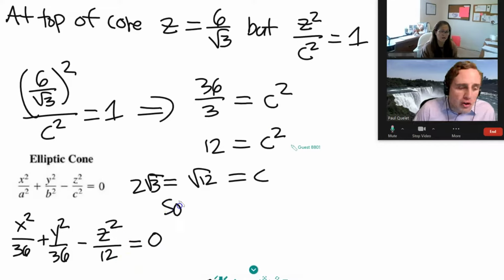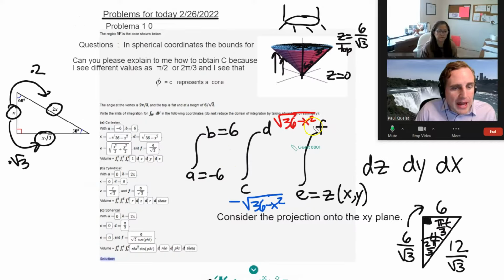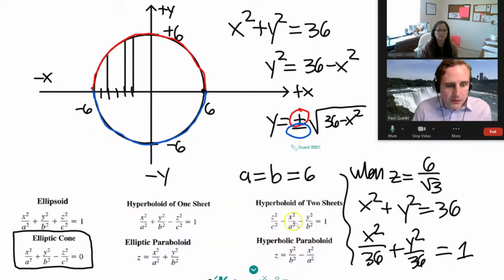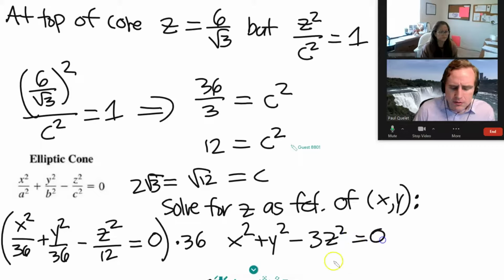So we should solve for z as a function of x and y. That's the goal, right? Because we already said that here for the bottom part, right? Okay, because we need the equation of just the surface. I'm going to suggest let's multiply everything by 36 first. So that's going to be x squared plus y squared minus 3z squared equals 0, right?